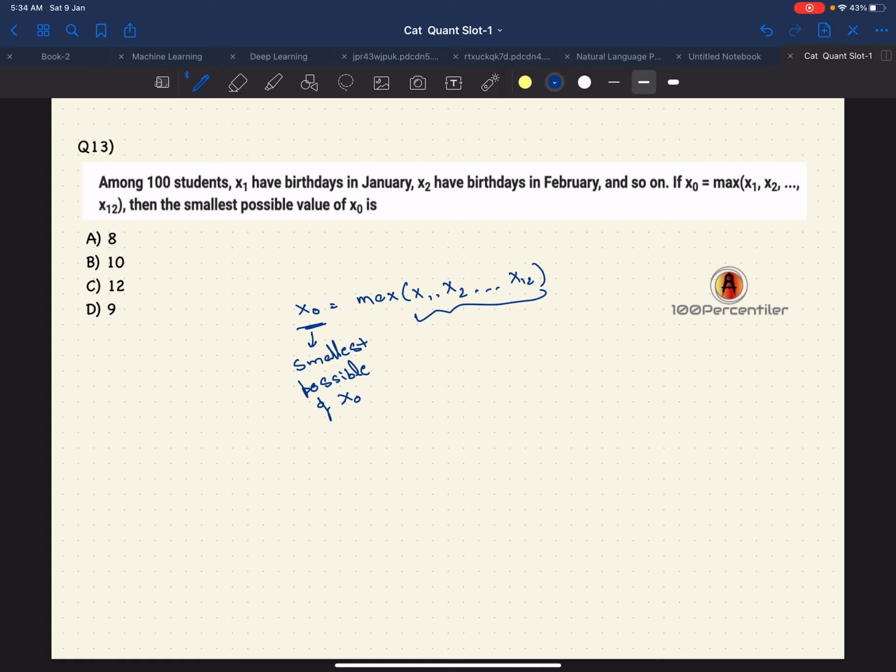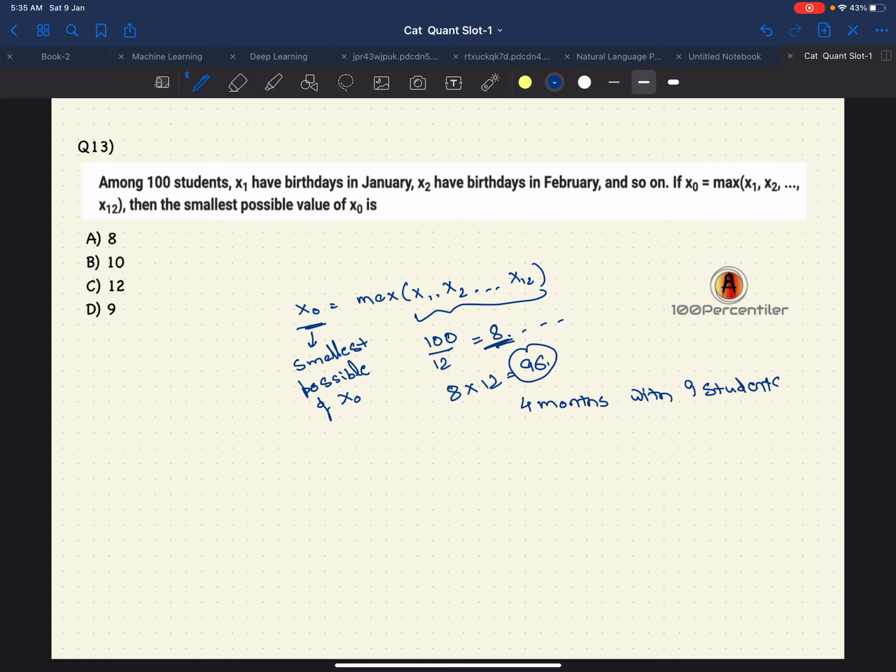As there are 12 different months, the maximum possible value in each month, if we equate them basically, would be, let's say 100 divided by 12, and it will be 8 point something. So basically 8 into 12 is 96. So even if all the 12 months have at least 8 students, we still have 4 students left, so 4 months with 9 students.